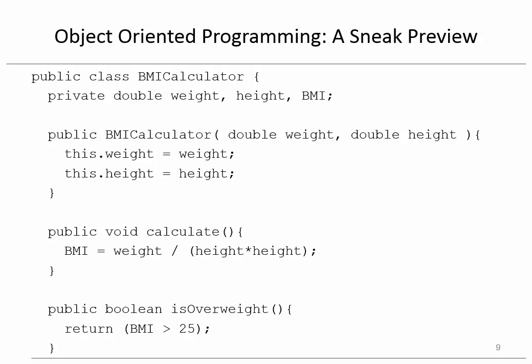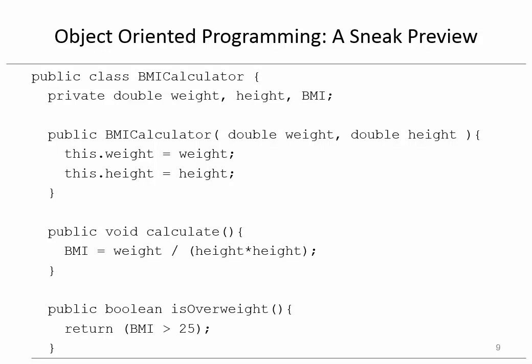This is just the first example of an object-oriented program in Java. Don't worry if you don't understand the meaning of all the key terms that you see appearing here, like public, like double, like private, like this, like void, etc. We will extensively zoom into the meaning of each of those in subsequent chapters.